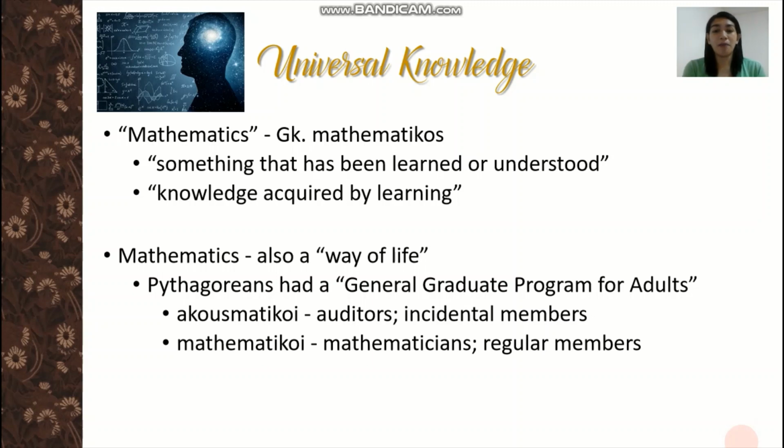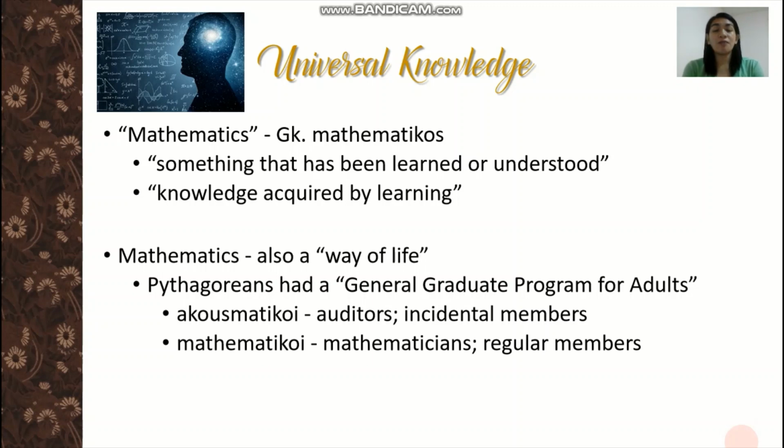For example, the Pythagoreans, those mathematicians who lived during the Pythagorean period, contemporaries of Pythagoras, had a group. They had a general graduate program for adults. The group of scholars was divided into two.